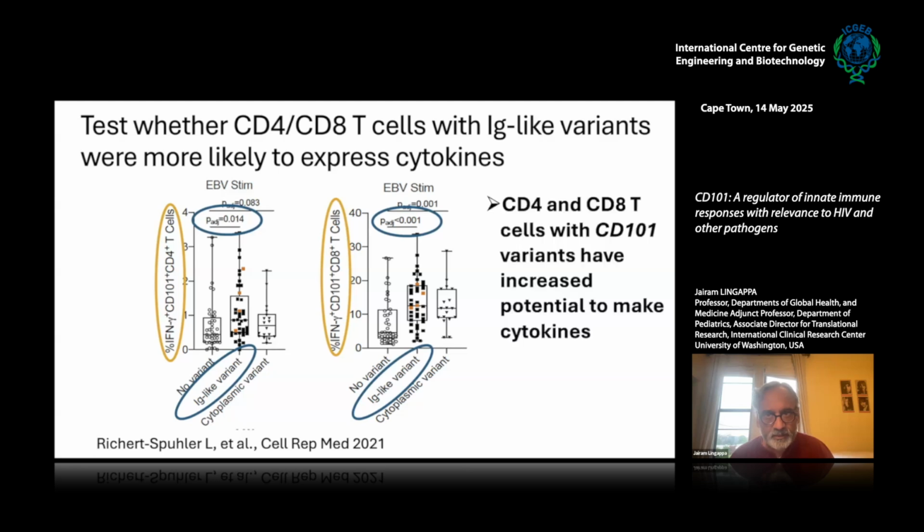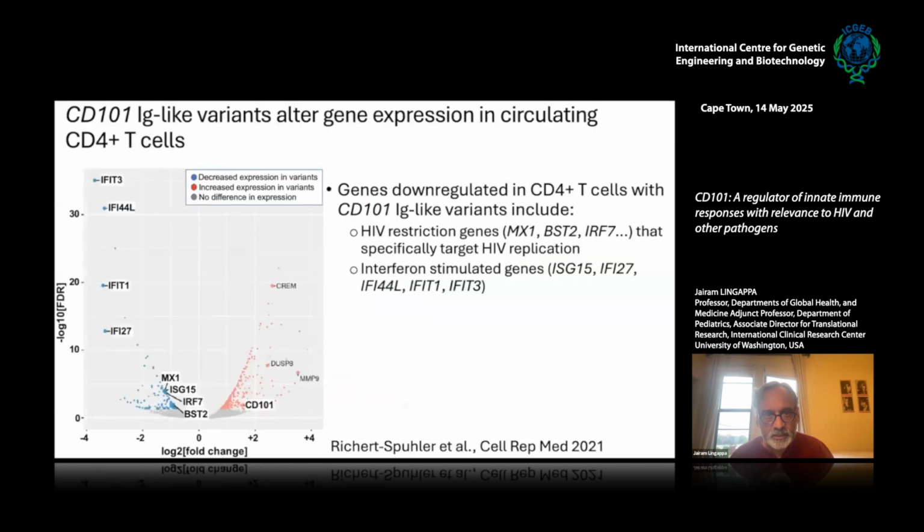And so from that, we concluded that CD4 and CD8 T cells with CD101 variants have increased potential to make cytokines.